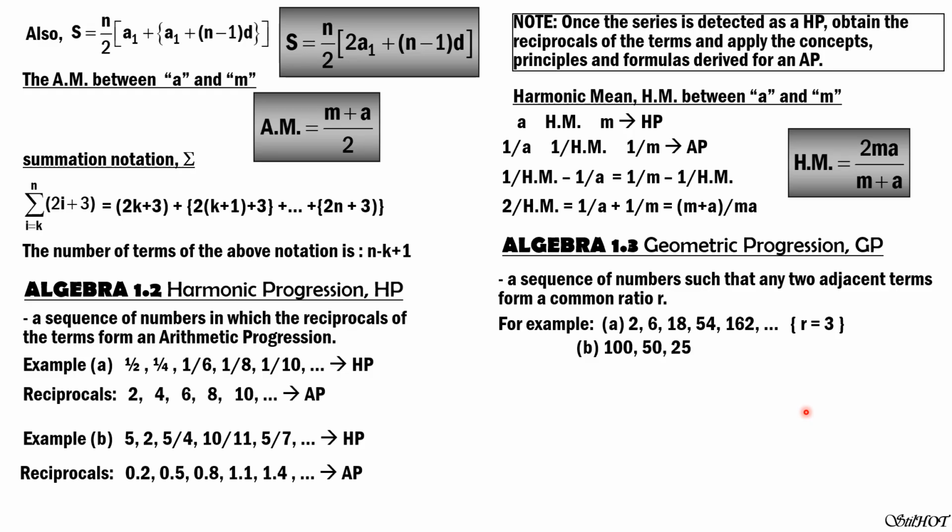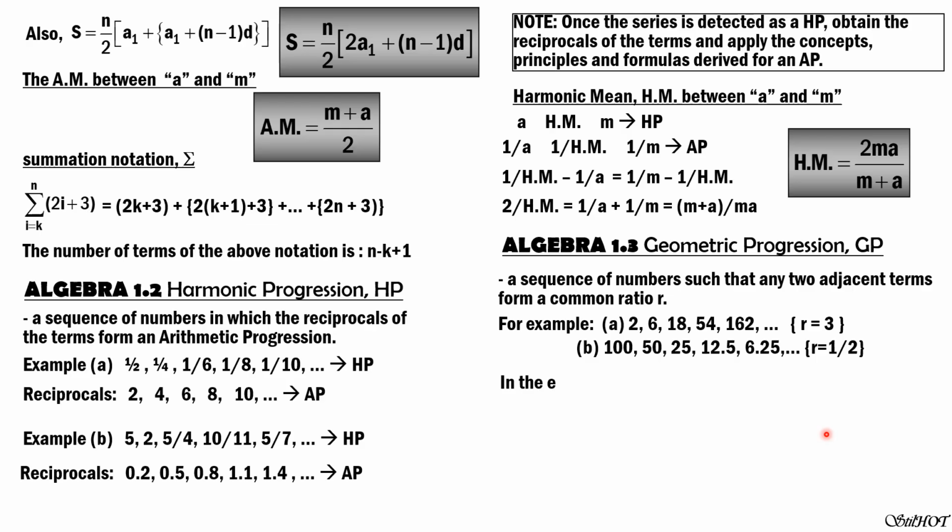So r is 3 for that case. And for case b, where r is less than 1, we have 100, 50, 25, 12.5, 6.25, etc. In this case, r is 1/2 or 0.5. Take note that 50 divided by 100 is equal to 25 over 50, 12.5 over 25, 6.25 over 12.5, which is 1/2. In the same manner, 6 over 2, 18 over 6, 54 over 18, 162 over 54, r is 3 for that case.